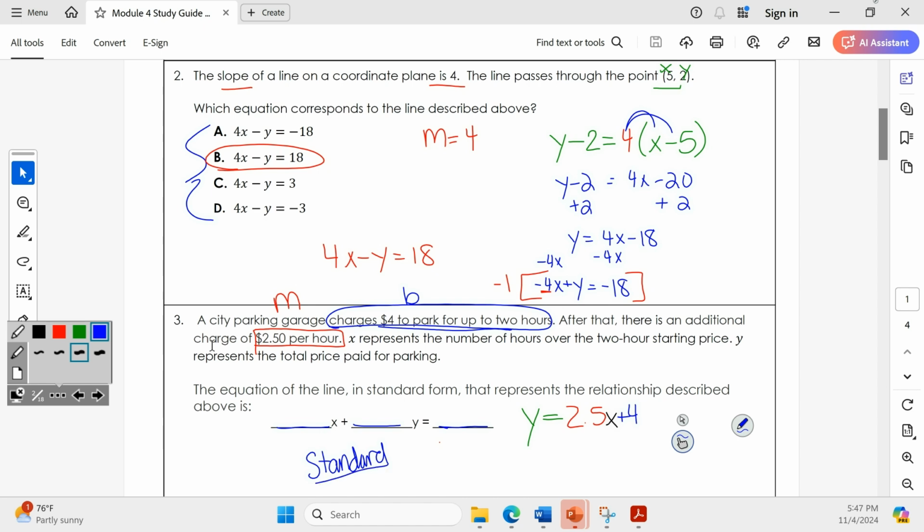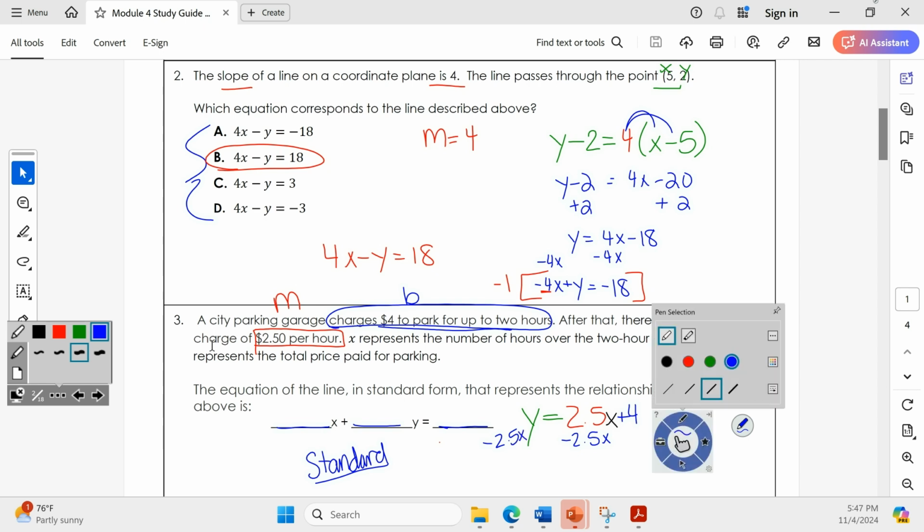So I'm going to subtract the 2.5x. Once I do that, I get negative 2.5x plus y is equal to 4.